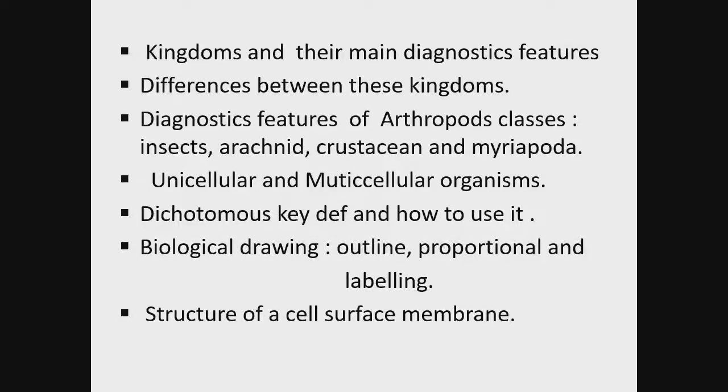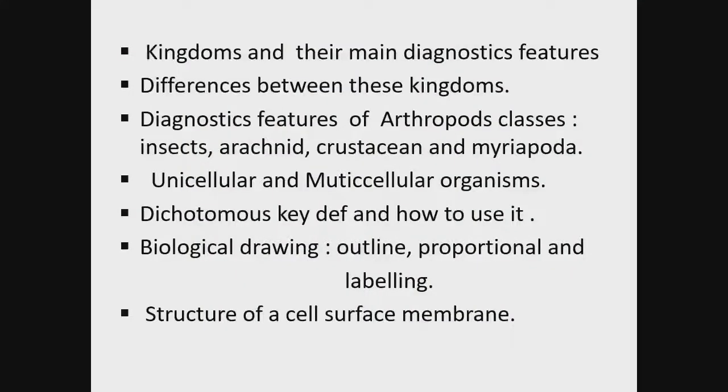Remember please, the kingdom prokaryote, Monera or bacteria, they are unicellular. One major difference between them and the rest of the kingdoms is that they don't have a nucleus. Their genetic material is just floating inside the cytoplasm.